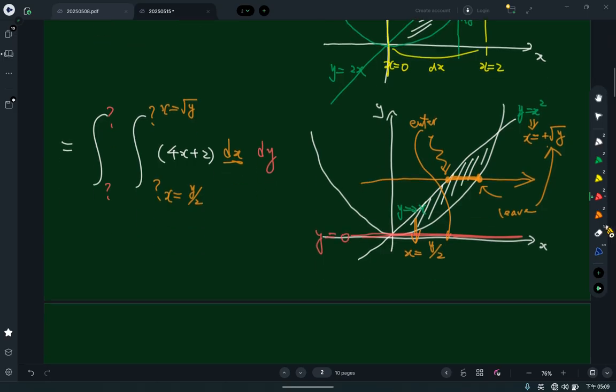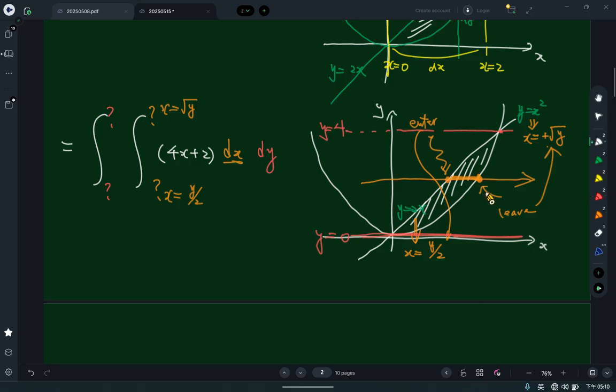Then here, this intersection for y is equal to x squared and y is equal to 2x. So this is y is equal to 4. That is not that hard for you to understand. Okay, I can show you how to get the 4.